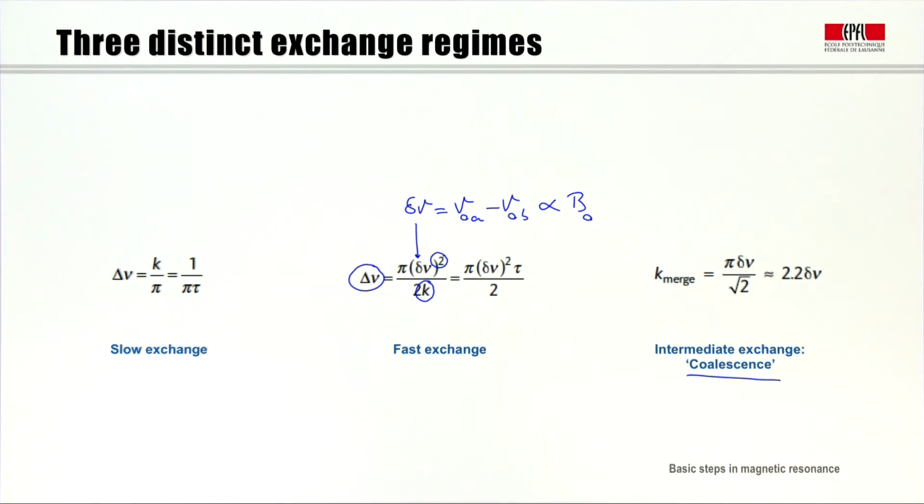In fact, that's the precise point where the three extrema of these funny curves merge into a single extremum, a single maximum, and it turns out that that occurs when the exchange rate is precisely 2.2 times the difference in chemical shifts. Now this equation is of limited usefulness because in that vicinity of coalescence the lines are often so broad that you can barely see them, let alone decide whether they have been merged or not quite yet.